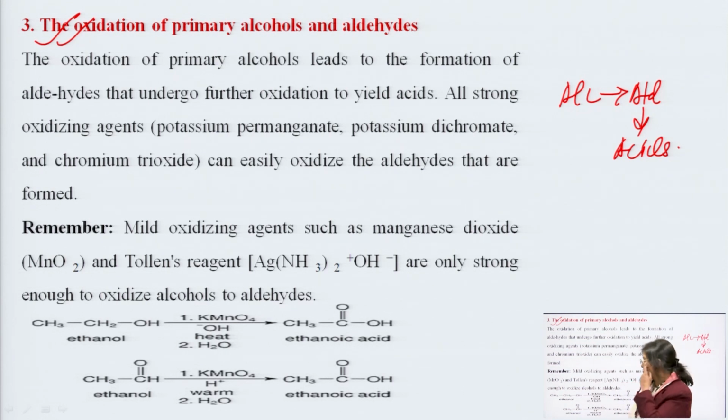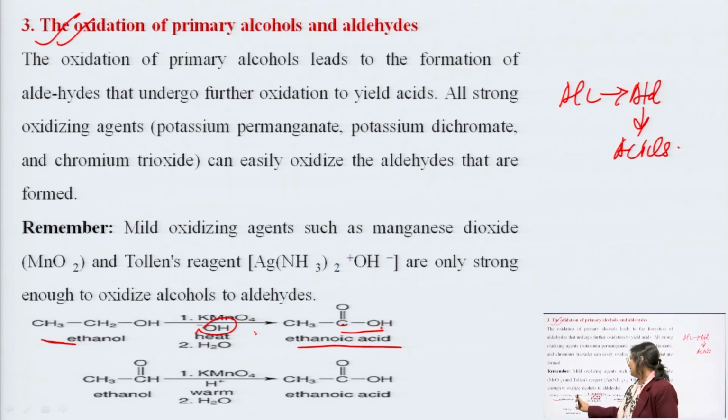Now let us look into this reaction. If we take for example a primary alcohol, ethanol, in the presence of an oxidizing agent like potassium permanganate, upon heating it removes one molecule of water and hydrolysis leads to formation of ethanoic acid, wherein a C=O, OH is incorporated.